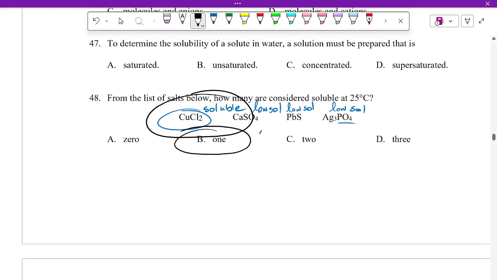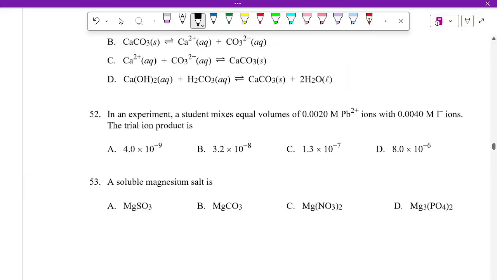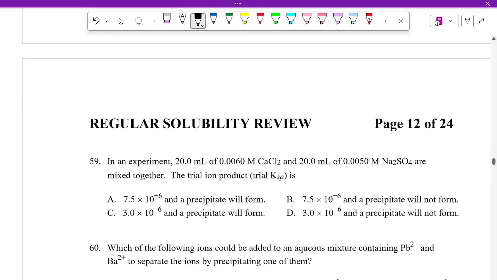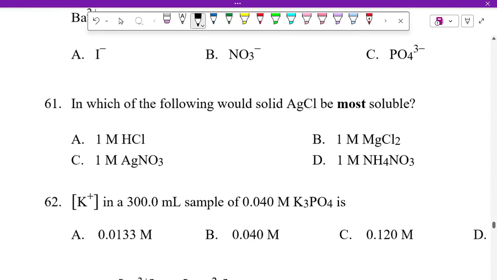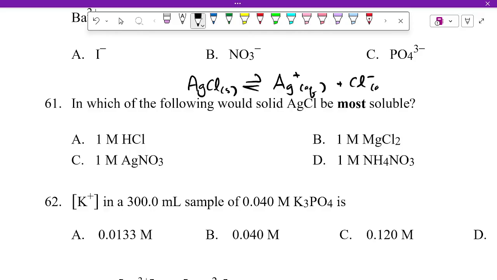Okay. Next one on our list is 61. In which of the following would AgCl be the most soluble? So we want something that will shift this furthest to the right.